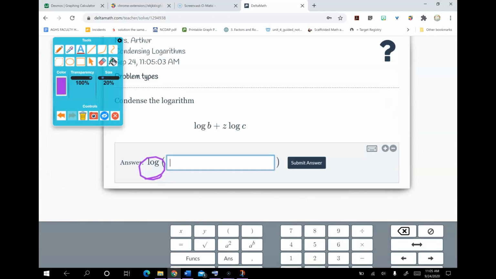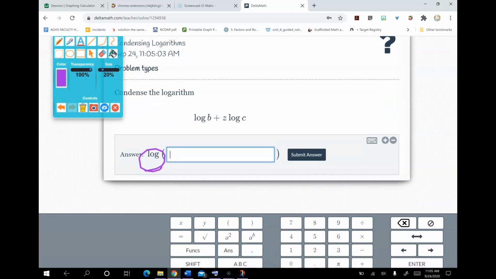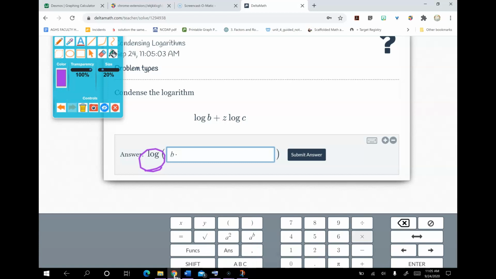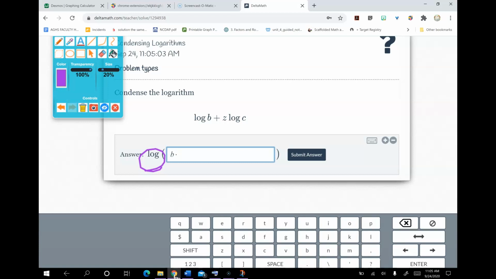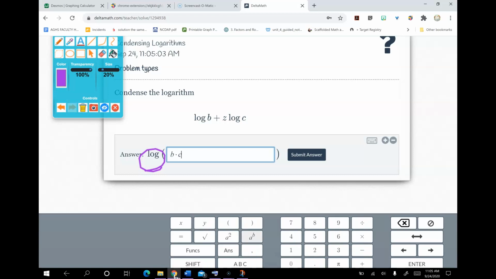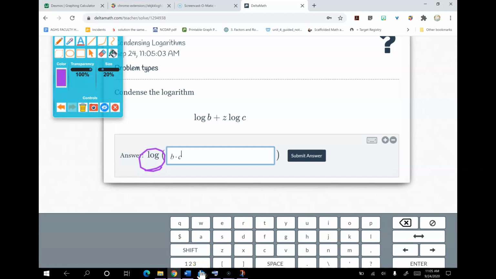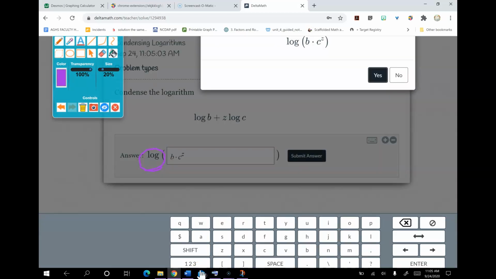If I can pull the keyboard up. There it is. It's going to be b times, you can hit times, c to the z power. Okay, so Delta Math just wants you to put the inside in there because it's already given you the log.